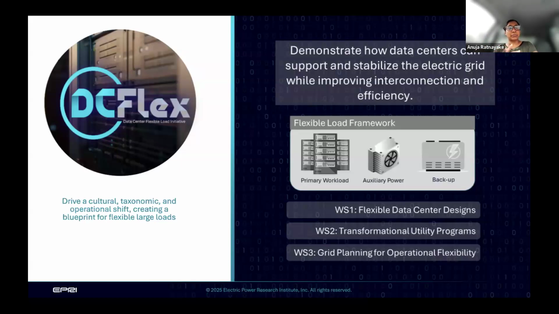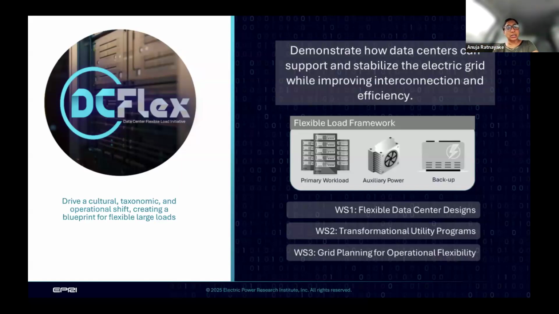When you think of a data center's total power needs, primary workload can be anywhere between 60 to 80%, with auxiliary power being the majority of the rest. And cooling tends to be about 10% of the total load, most of the auxiliary power being concentrated in the cooling.